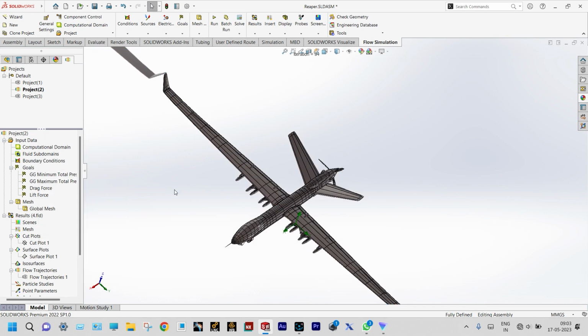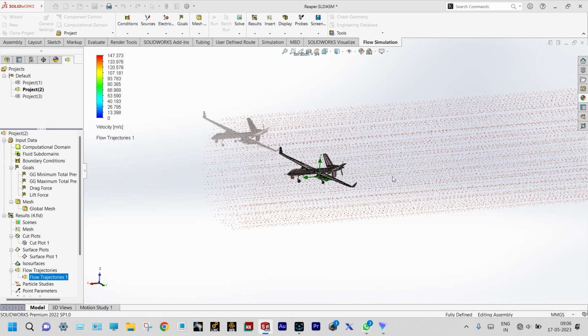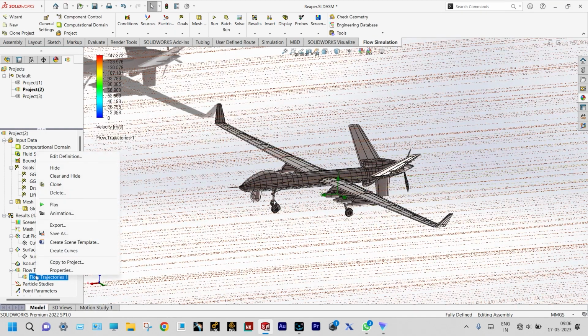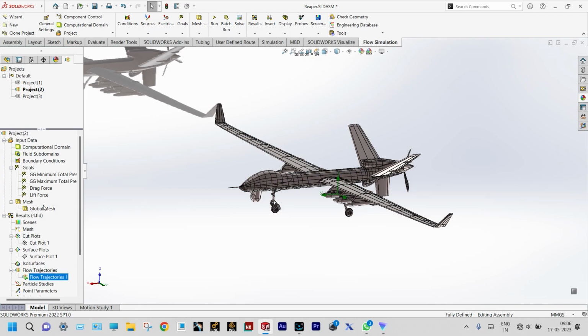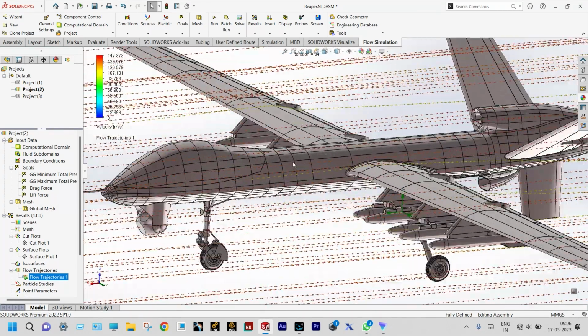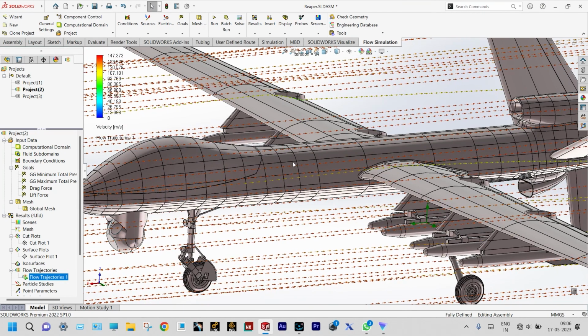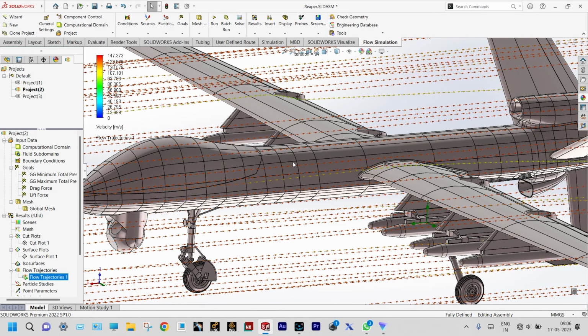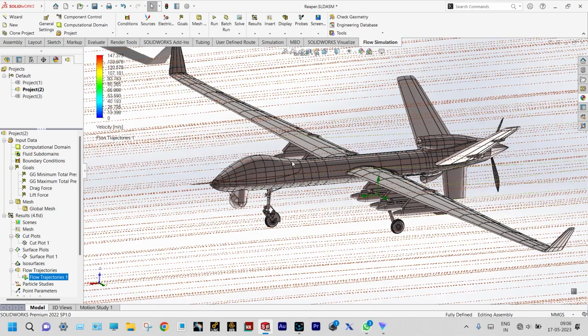Next to that, we want to see the most important part, that is the dynamics of flow particles or flow trajectories, right? Let us see that one. Let us play this one. Flow trajectories. Let us play. You can see the dynamics of flow particles is smooth, so we don't see that much of deviation from the flow particles.